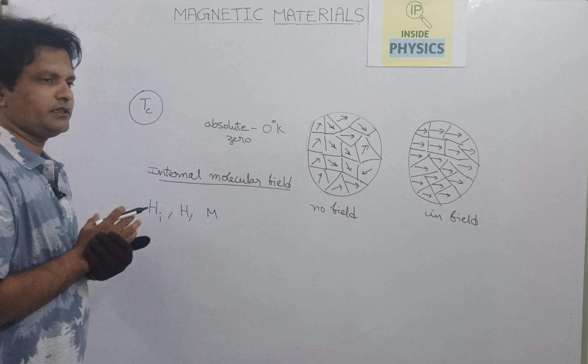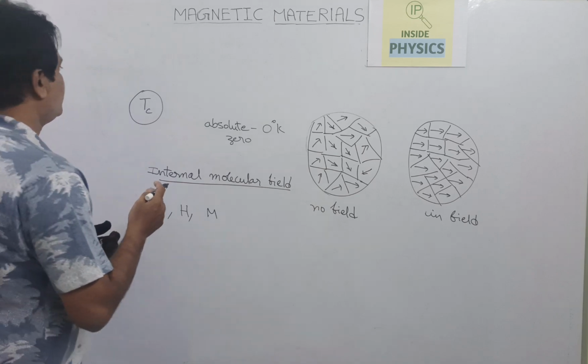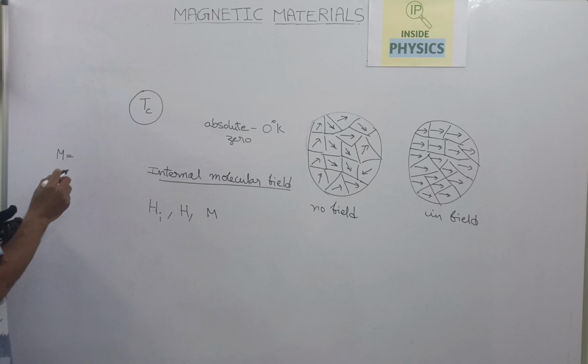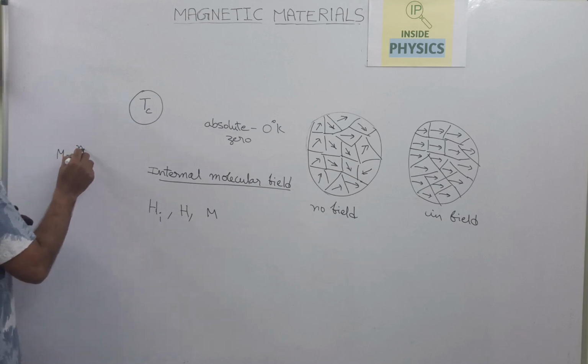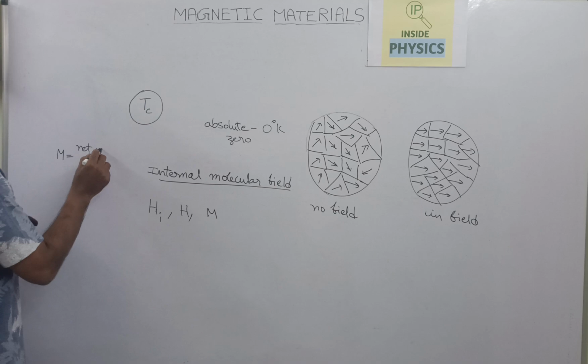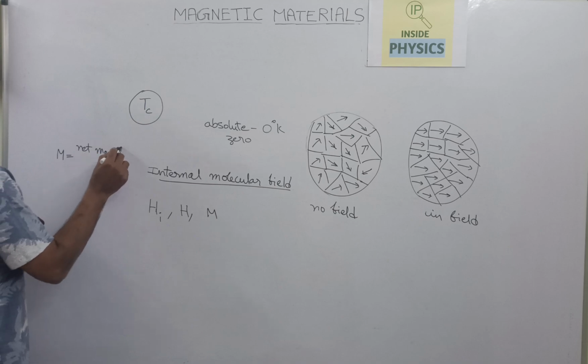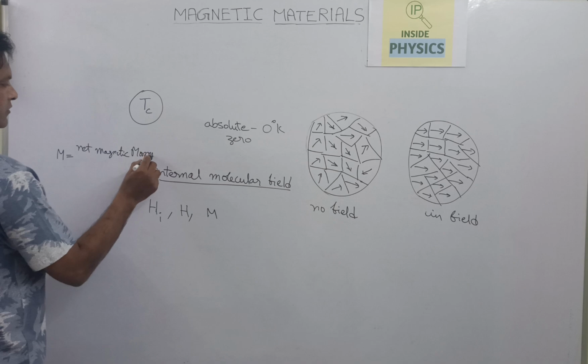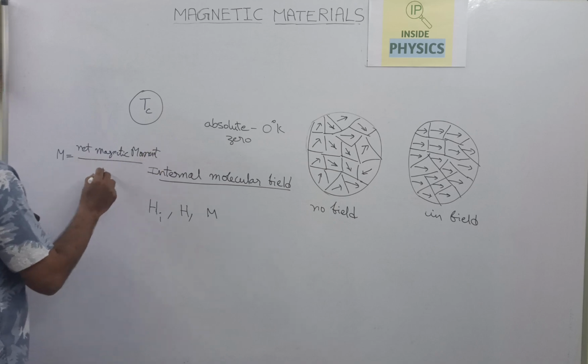What is magnetization? We already know this definition. Magnetization M is equal to the total net magnetic moment divided by volume.